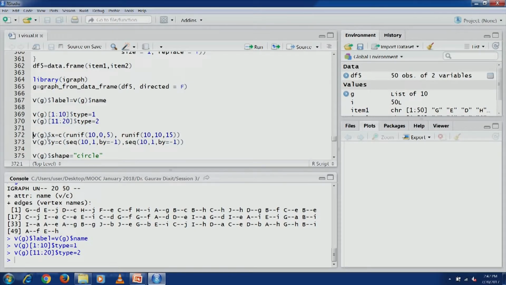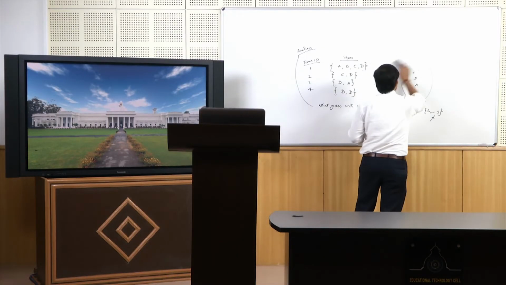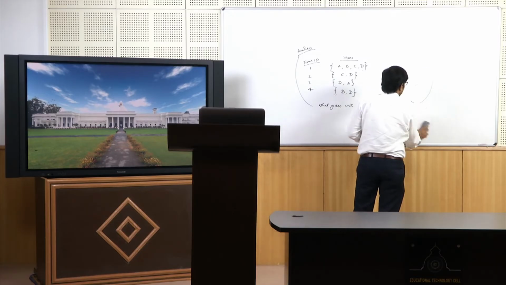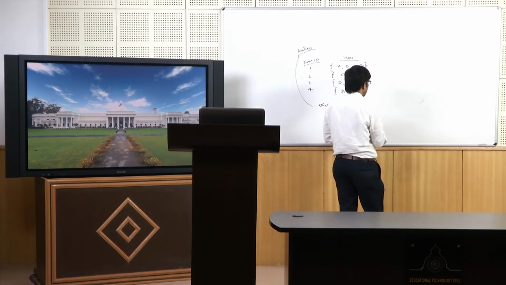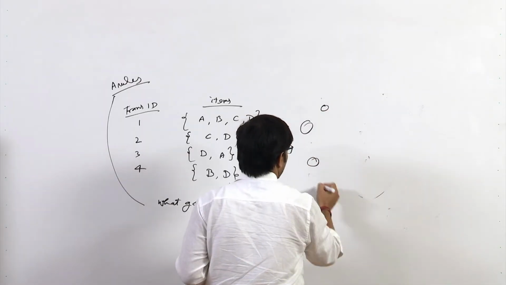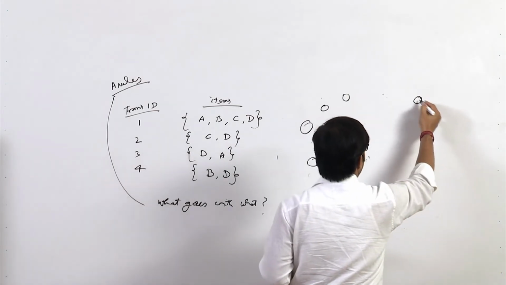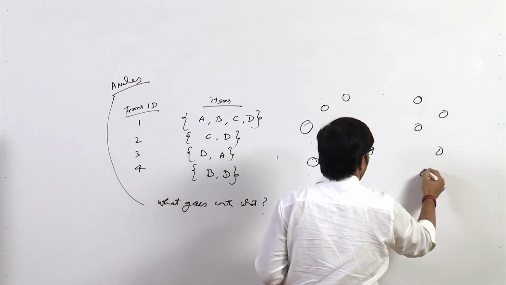Now we are trying to create a network layout, so how the graphs are going to be depicted. So all these items are going to be represented by some vertices, maybe in circles, and this is type 1 and type 2.